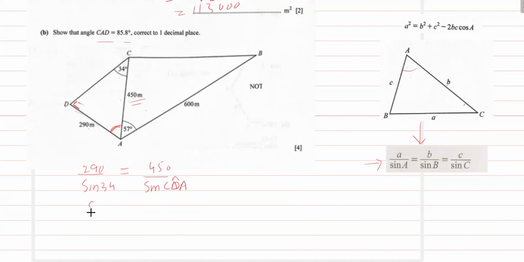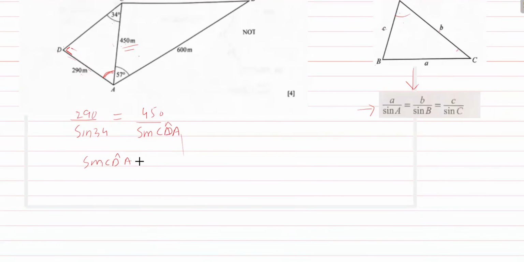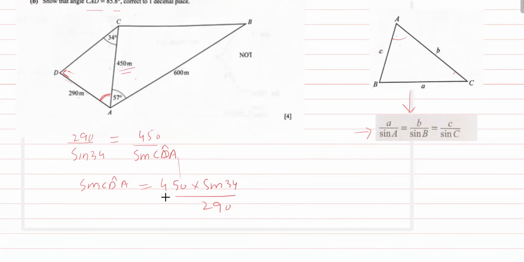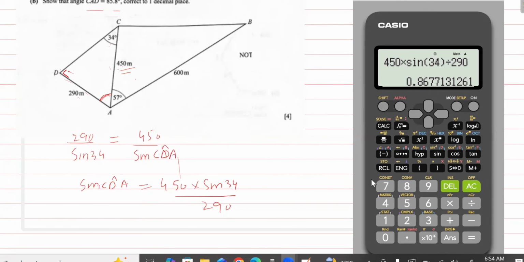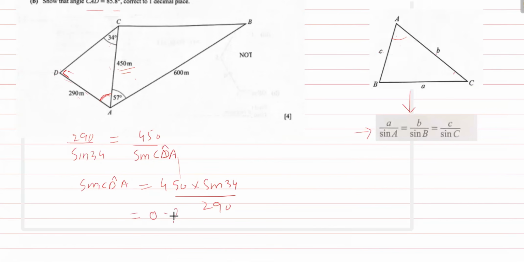Sine CDA will be equal to 450 multiplied by sine 34 over 290. And we will calculate this value. Sine CDA will be equal to 450 into sine 34 divided by 290. This is 0.867.